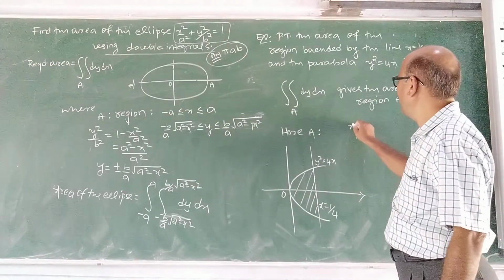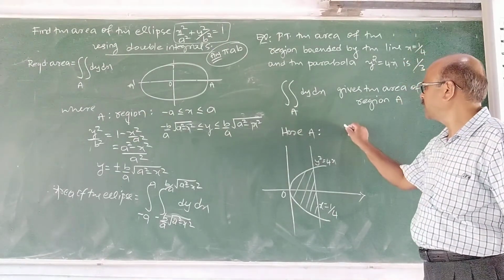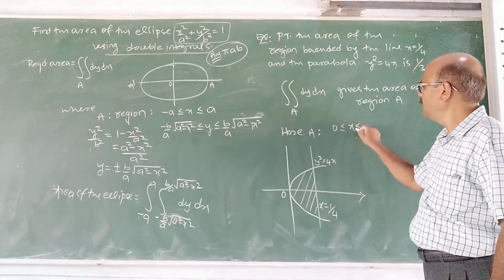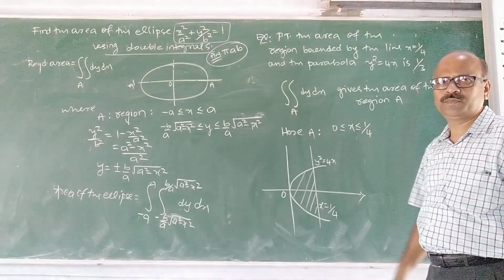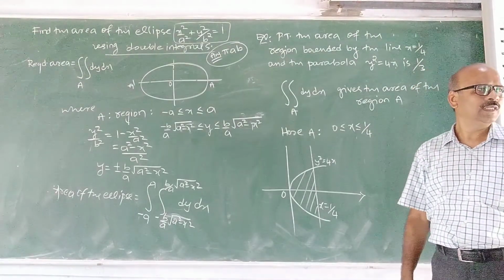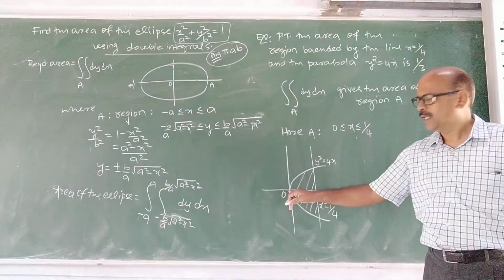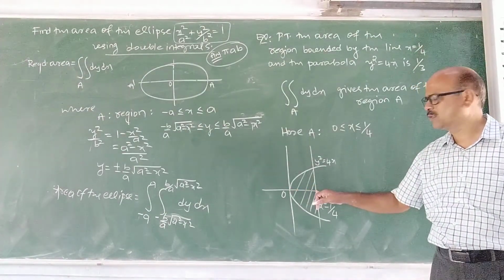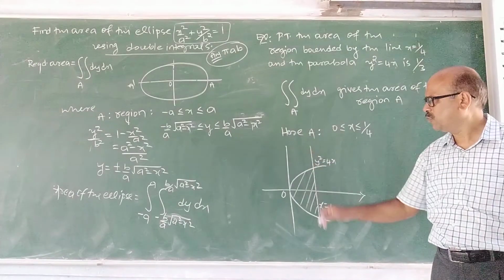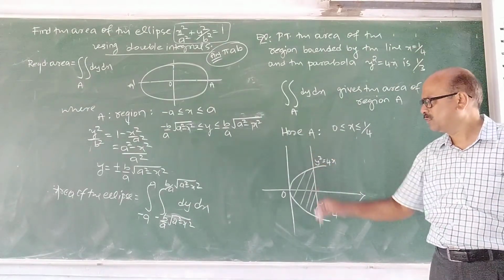So what are the values of x? x is greater than or equal to 0 and less than or equal to 1/4. All of you agree with this? Because x varies from 0 to 1/4, the equation of the line.